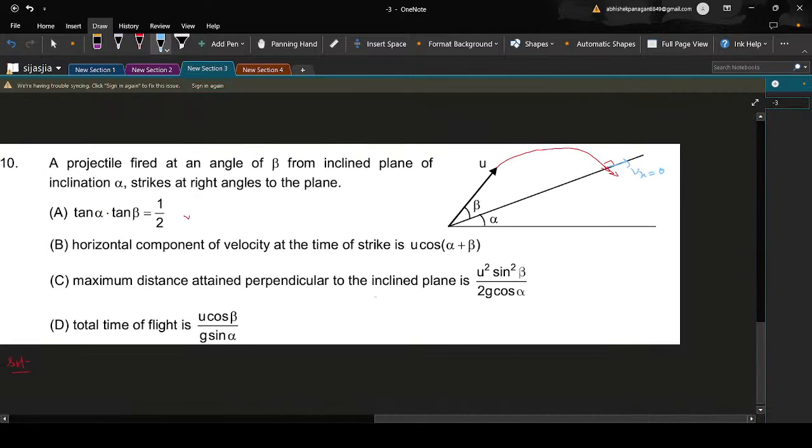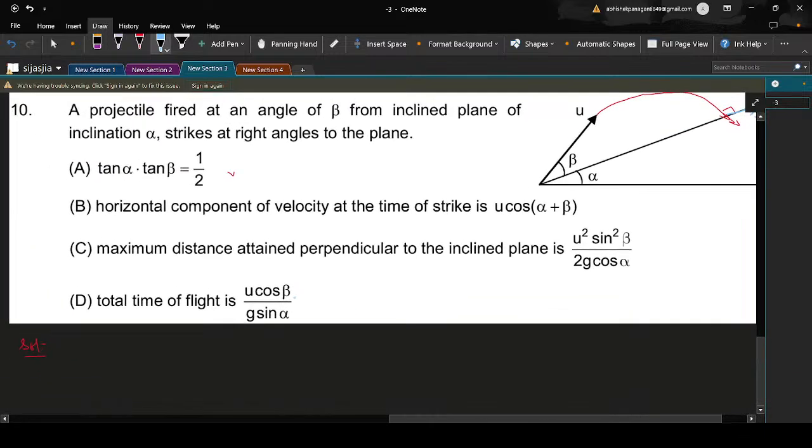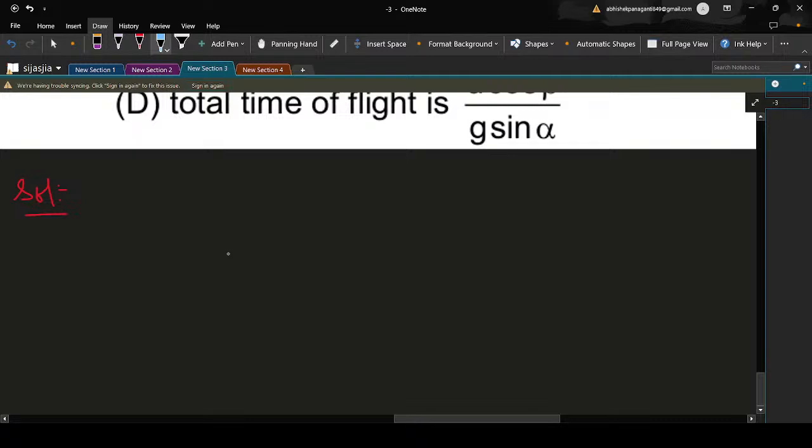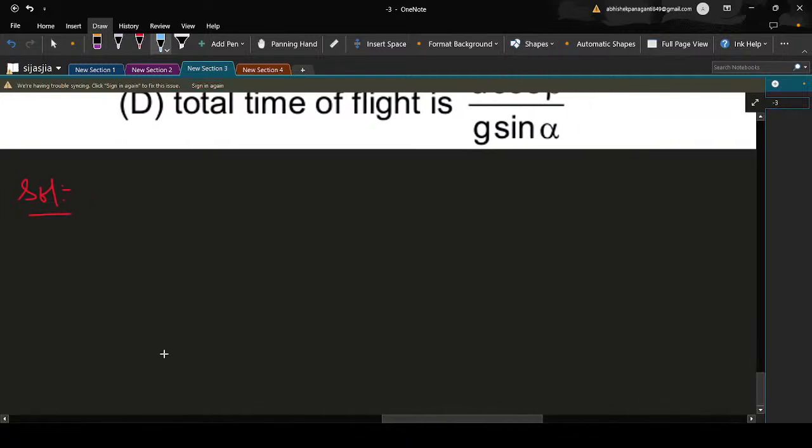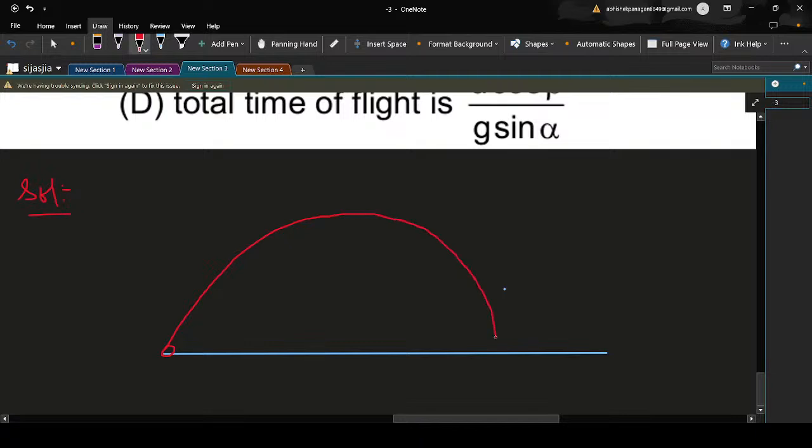So by this, let's redraw the figure again. This is the plane, and the projectile starts from here and goes and hits the plane perpendicularly.